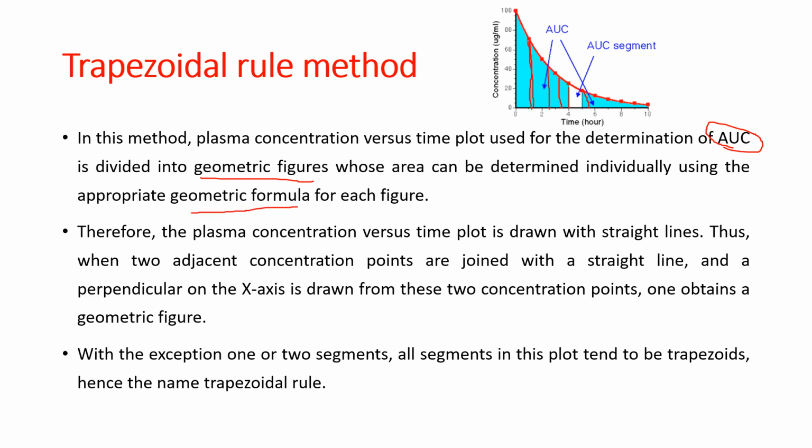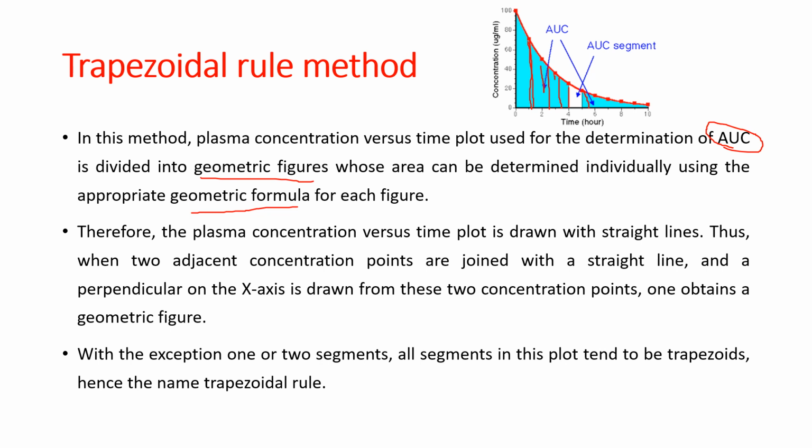By using the appropriate geometric formula, we will calculate the AUC of this trapezoid, then similarly of this trapezoid, and then move on to all the trapezoids. In order to know the entire AUC, we will add all the AUCs that we have got for each trapezoid.